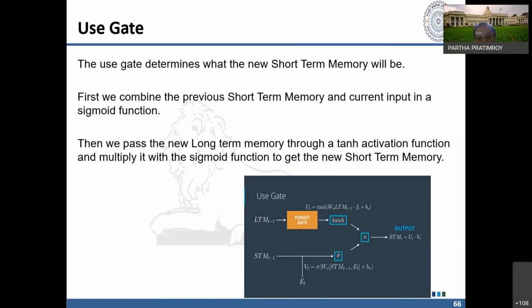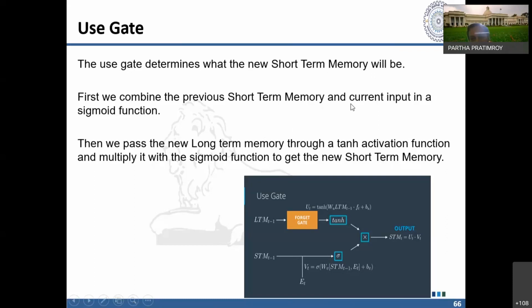So these are coming with these two memories. Okay, the same information first is coming with the long-term memory, another coming with the short-term memory, and every time the short-term memory is modified. Okay, which we do not require to remember the long-context past information, but the long-term memory will remember that past information. Okay, the use gate decides what the new short-term memory will be.